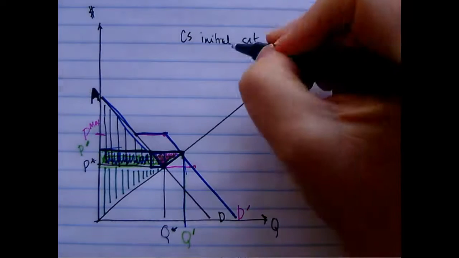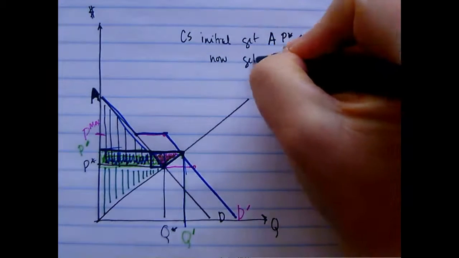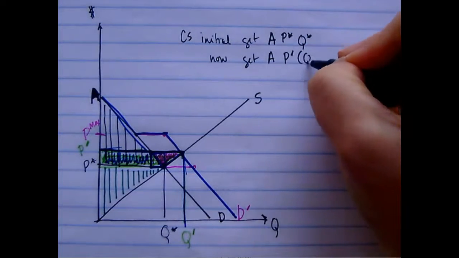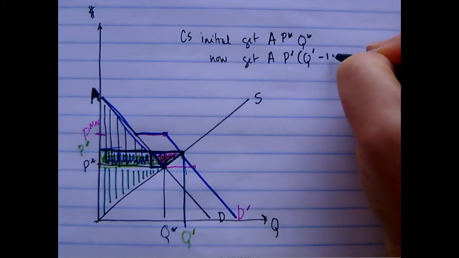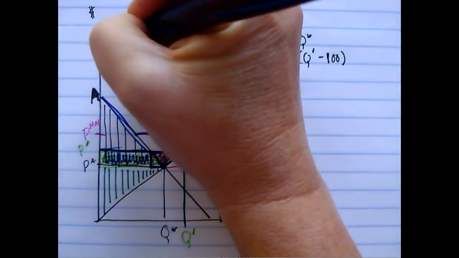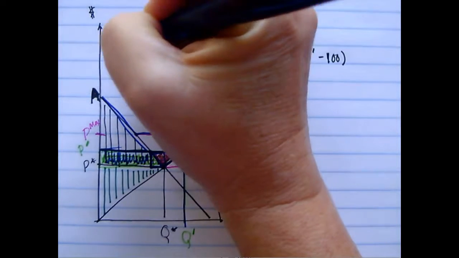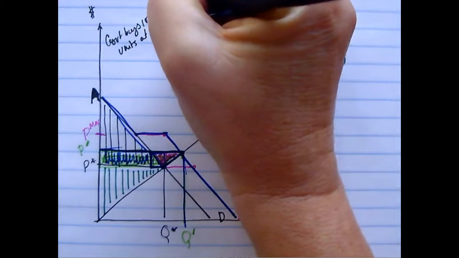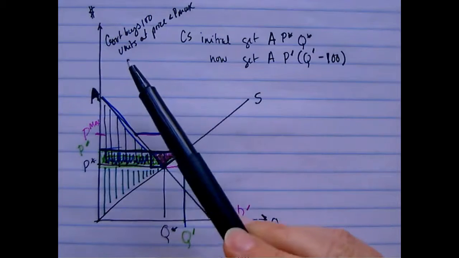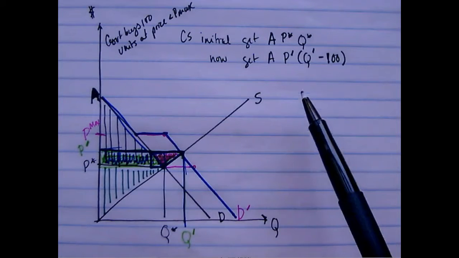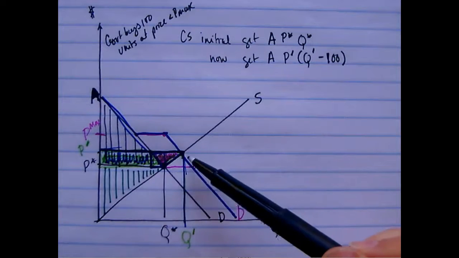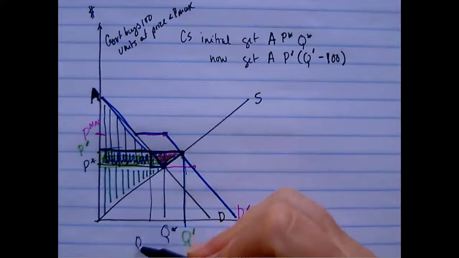And now they're going to get A, P prime, and Q prime minus the government amount, which we said was 100 units. Right? So we said the government's going to buy 100 units at any price less than P max. All right, and so now the consumers are getting A to P prime to Q prime minus 100. So that's what this point is.